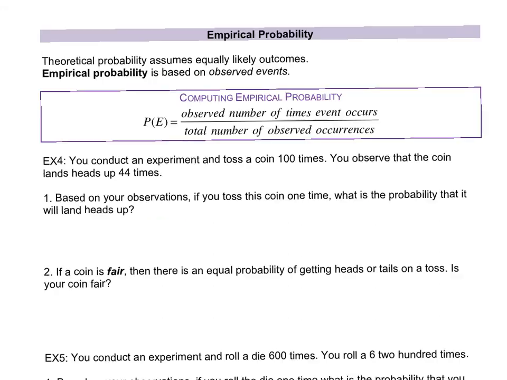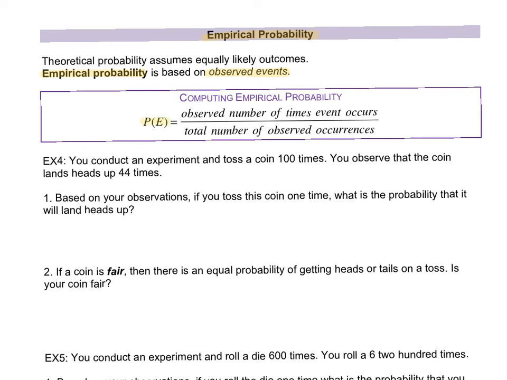So probability, so not just for gambling. Now we want to actually talk about empirical probability. The bulk of the course is theoretical probability, but we would like to talk about empirical probability. And that would be based on observed events, which means you actually do conduct an experiment and your probabilities are based on the experiment.